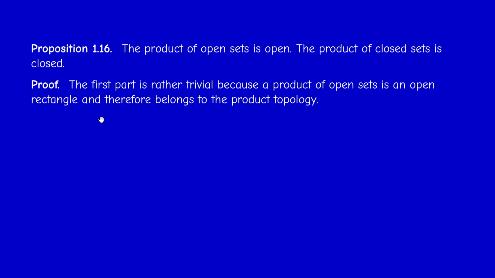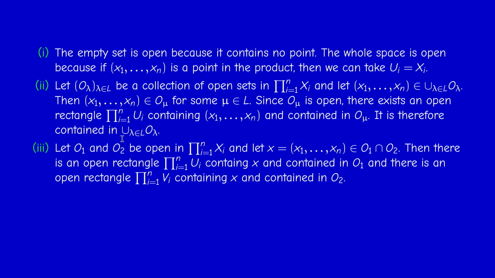So this is like the fact that when we prove that an open ball is an open set. So here we have something very similar, but actually simpler. Okay, why is an open rectangle an open set? Because if you take a point in the open rectangle, then you take as another open rectangle the open rectangle itself. So this is really trivial. It's like when we proved the first point that the whole space is open.